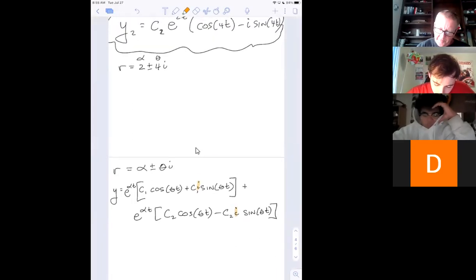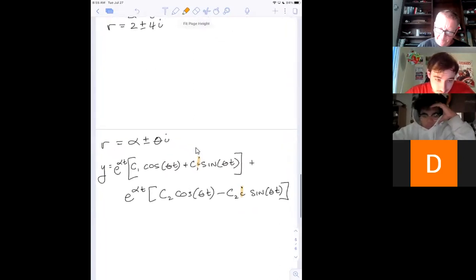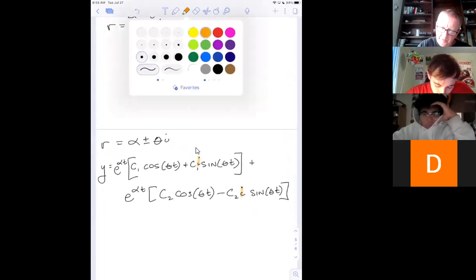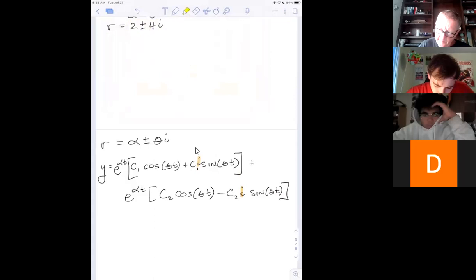So let's think about this for just a second. Do you notice that cosine theta t and cosine theta t are both multiplied by a constant, and they're also multiplied by e to the alpha t?